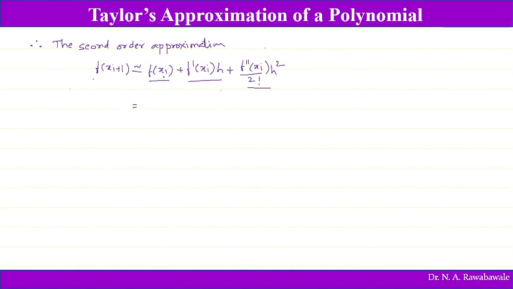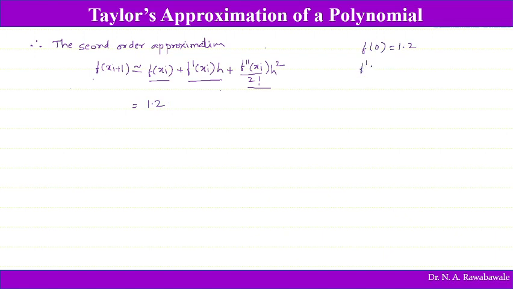So f of xi, value which we obtained, if xi is 0, so this is 1.2. So f of 0 is 1.2.